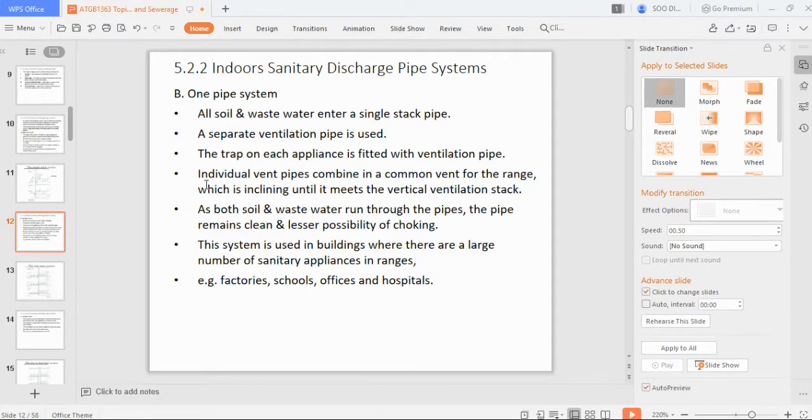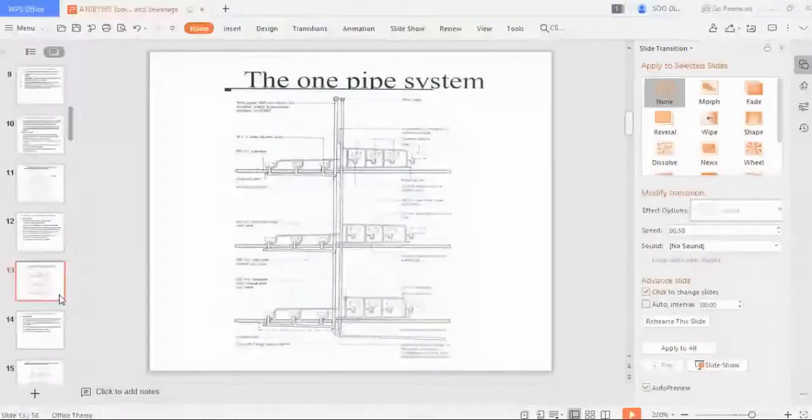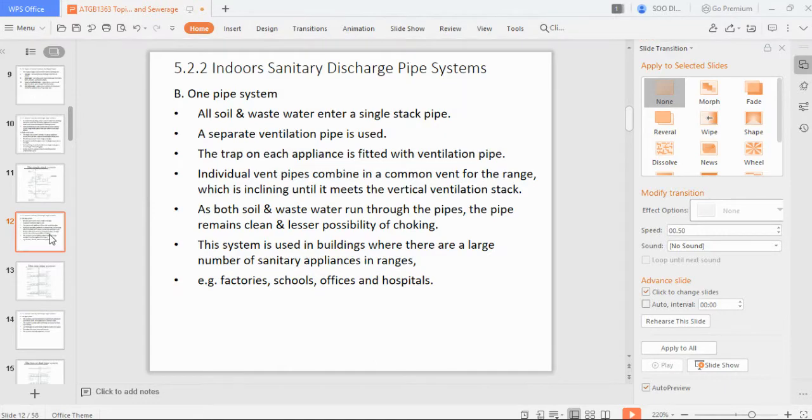Okay, the second one you have is the one pipe system. So in a one pipe system, you can have a WC and a basin. This is usually for high rise or school.